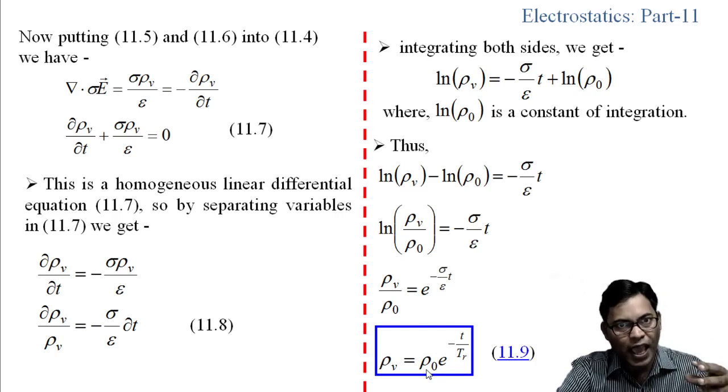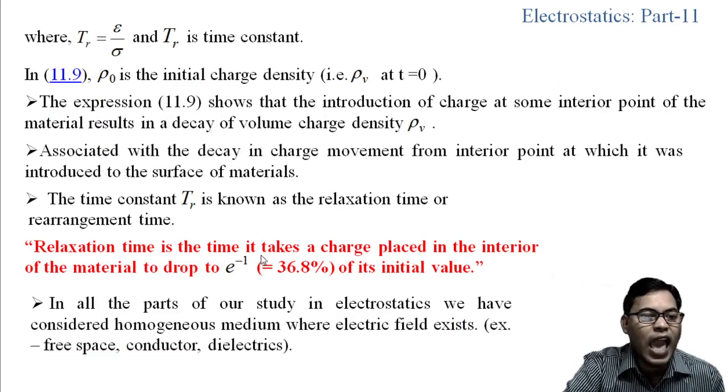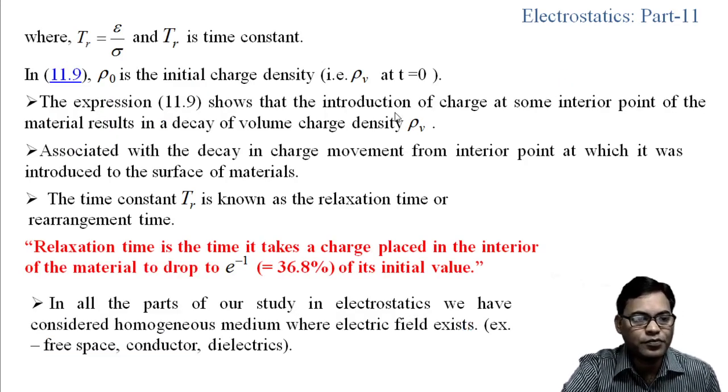Now if we apply some extra charge at the interior of the dielectric material, then from this expression we can see that this extra charge will decay and move towards the surface, and the total volume charge density will decay exponentially.